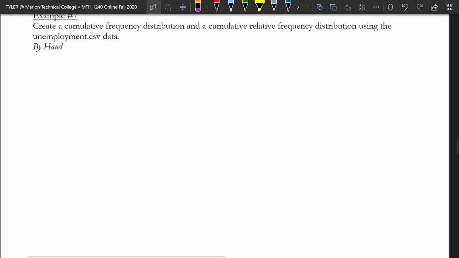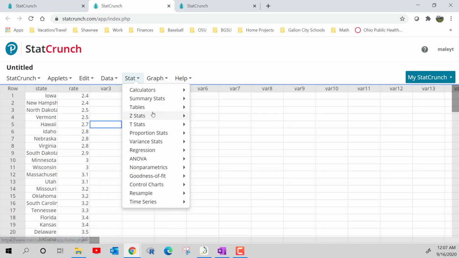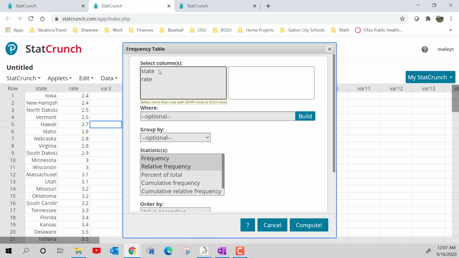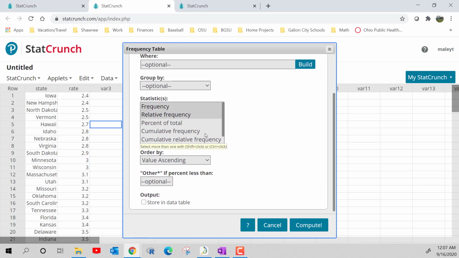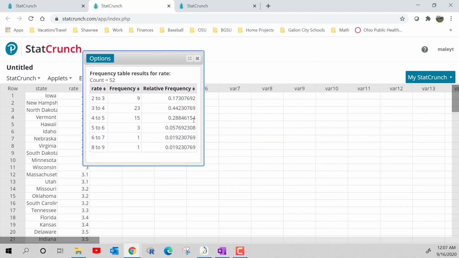Just as a reminder from last section, we were looking at this data set. If I go to stats, tables, and frequency, I want to look at the rate, and I'm going to leave frequency and relative frequency selected and hit compute. And remember, this is telling me that we should do some binning, because there's a lot of individual values. We say yes, and here is the frequency table distribution that StatCrunch automatically does.